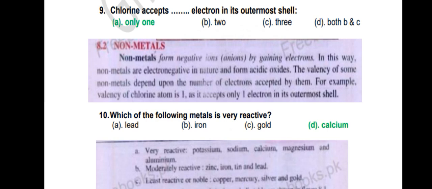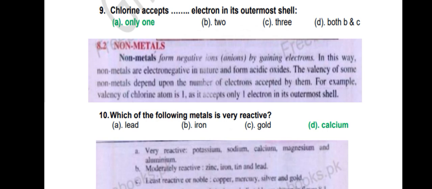Which one of the following metals is very reactive? Lead, iron, gold, calcium. Calcium belongs to the alkaline earth metal family. Lead and gold are the least reactive metals.